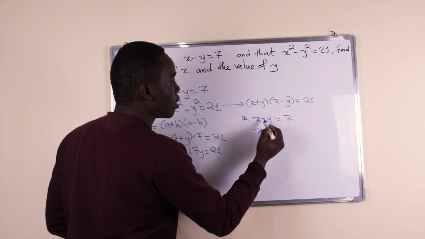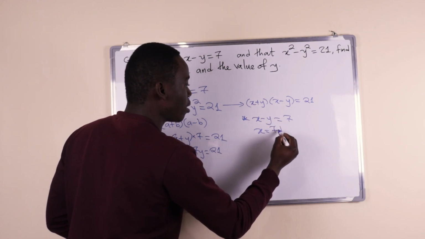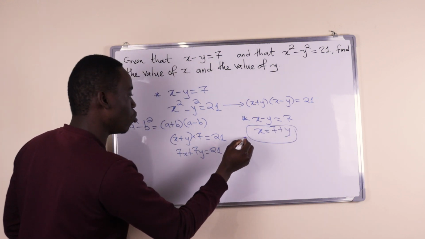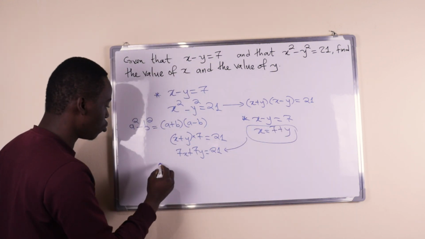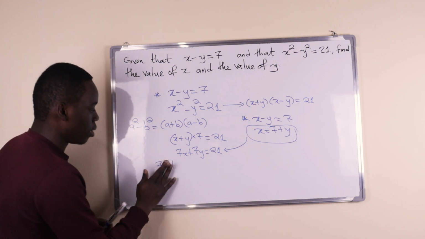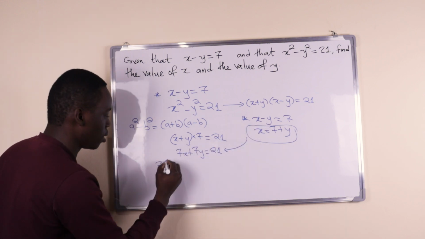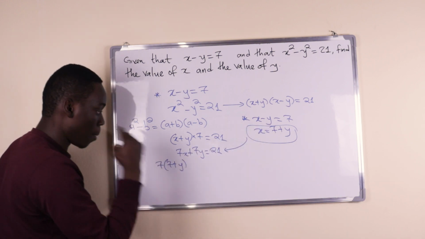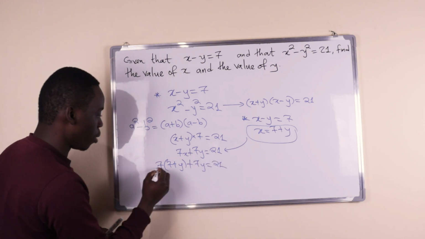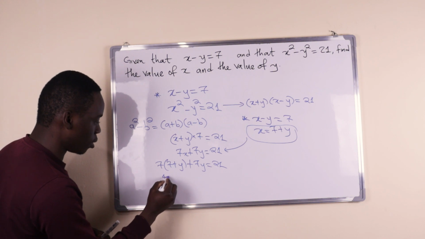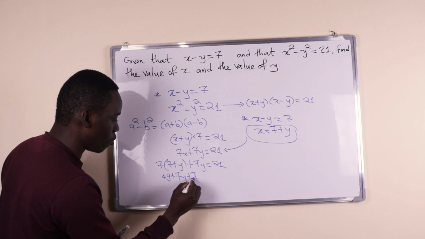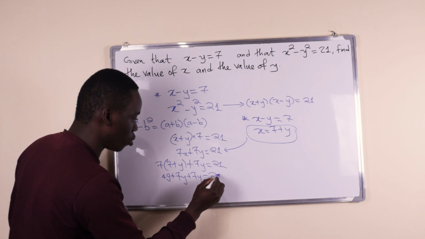In our case, x, when this crosses the equal sign, becomes 7 plus y, so x is equal to 7 plus y, and we replace it here. So this will be 7 times (7 plus y) plus 7y is equal to 21. Then we expand it: 7 times 7 is 49, plus 7y, plus 7y on the other hand, is equal to 21.